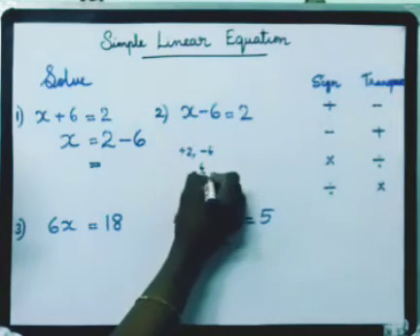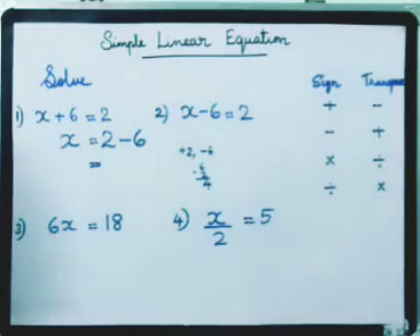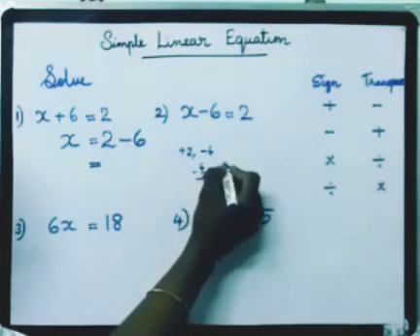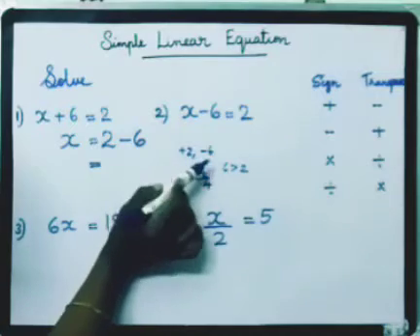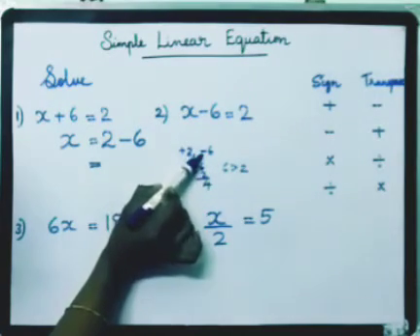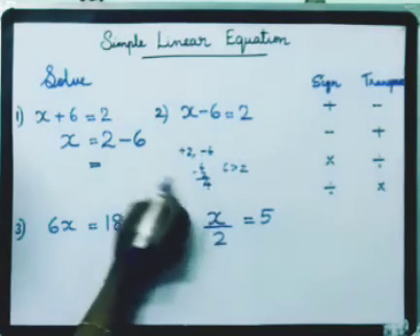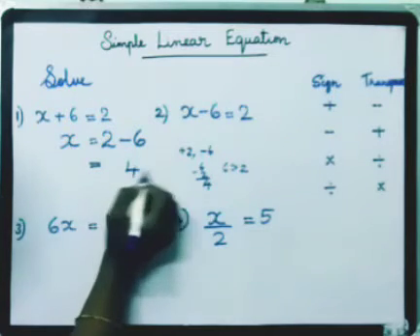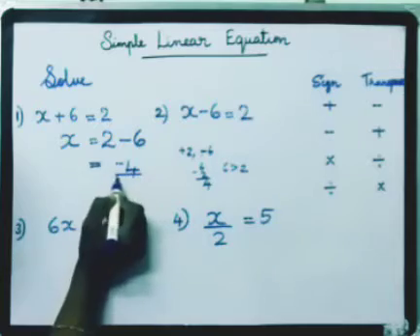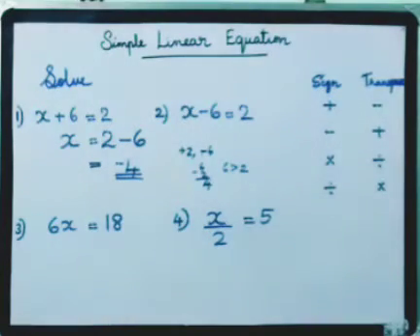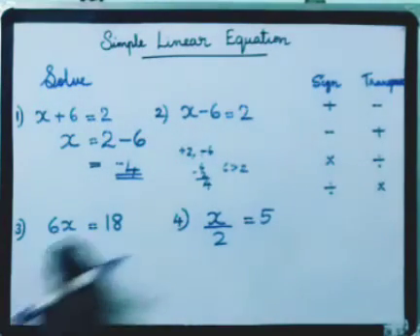What is 6 - 2? It is equal to 4. Then which is more? 6 is greater than 2. What is the sign of 6? It is a negative sign. So you can write that 4, then assign a negative sign to that answer. Okay, 2 - 6 = -4.